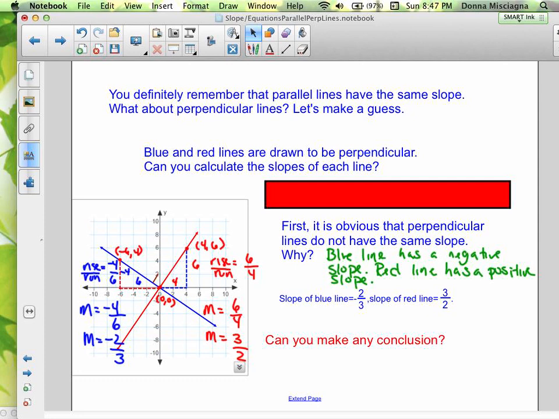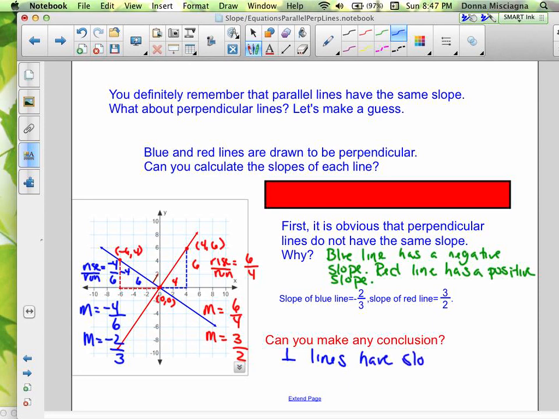Not only that, one has a negative slope, one has a positive slope. So the slopes of perpendicular lines are negative reciprocals of one another. So perpendicular lines have slopes that are negative reciprocals of each other.